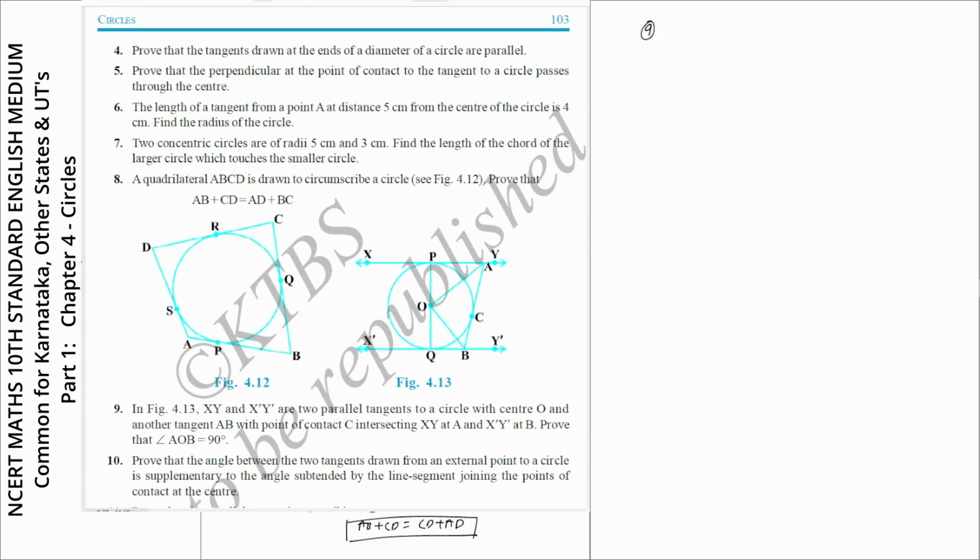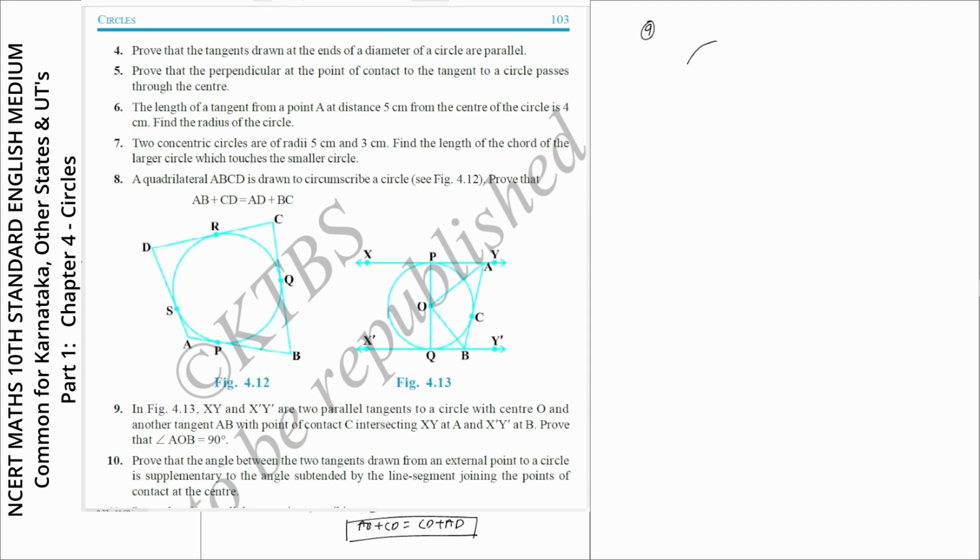Question number 9. In figure 4.13, XY and X'Y' are two parallel tangents to a circle with center O, and another tangent AB with point of contact C intersects XY at A and X'Y' at B. Prove that angle AOB is equal to 90 degrees.